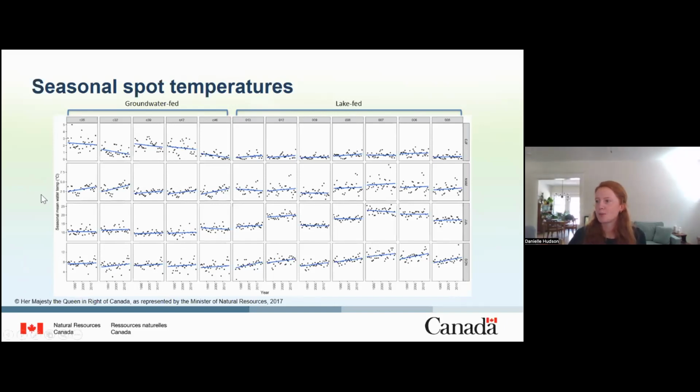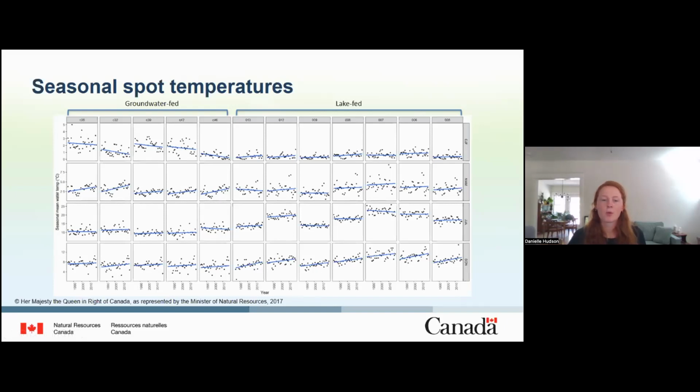So for example, in the winter here in these groundwater fed sites, we see these decreasing slope lines. These are just regular linear regressions for the point of helping your eye see the trend. And then in the spring, there's some increasing here. And then if we look at the fall, we see an increasing trend in the lake fed sites and pretty flat slopes here in the groundwater fed sites.